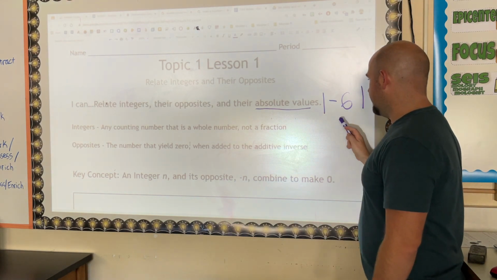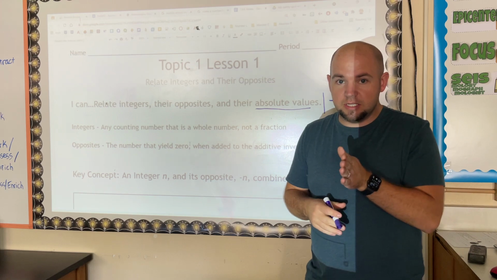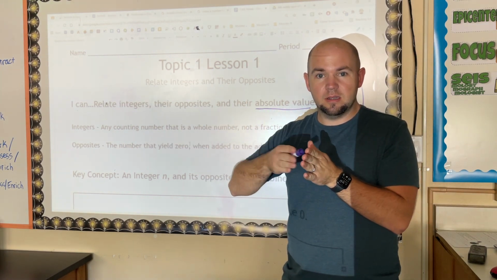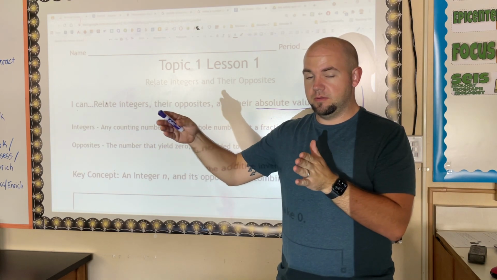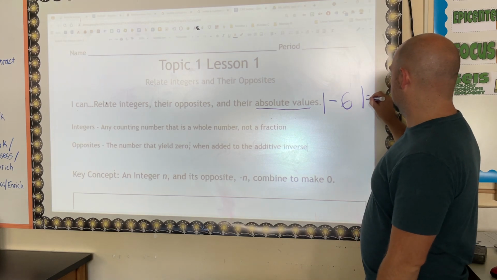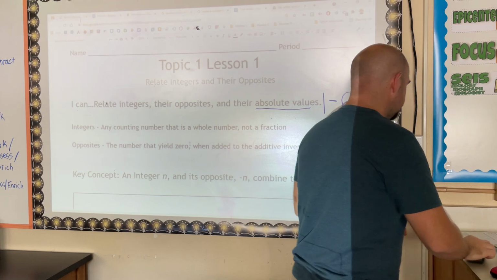If I'm at a number line and I have a 0 and I have -6 that I went to, the distance there is 6. So the absolute value of -6 equals 6. Throw that down on that paper too.